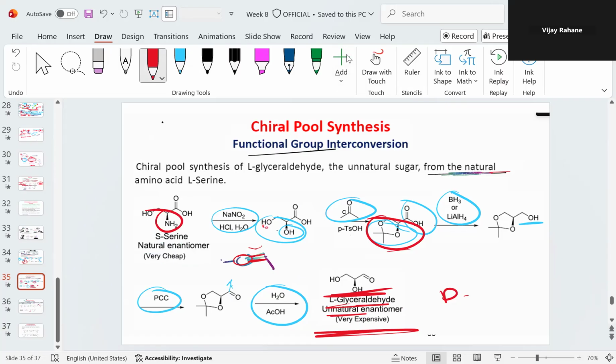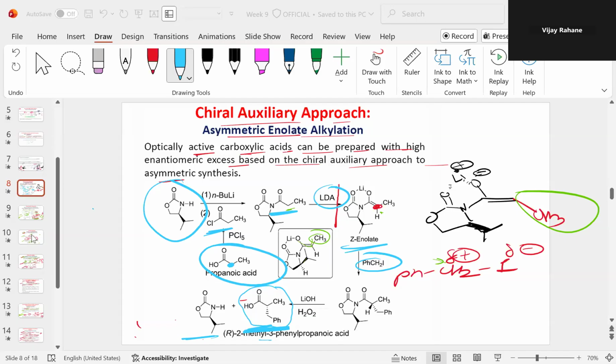And the last method in the asymmetric synthesis is the chiral auxiliary. That's what we have seen today. What is chiral auxiliary? So in today's session, we have seen mainly about the chiral auxiliary.